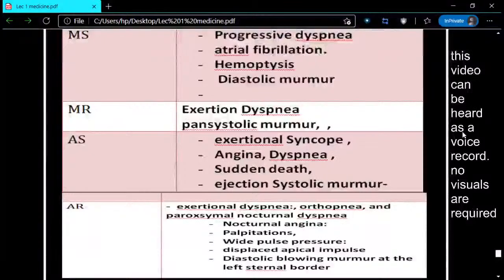AS includes aortic obstruction between the left atrium, left ventricle, and the pulmonary vein, artery.